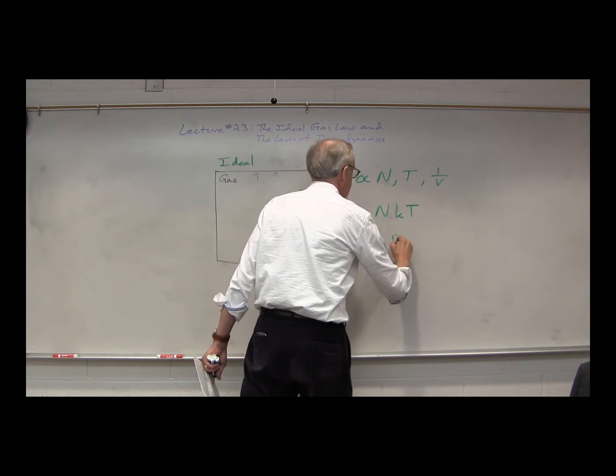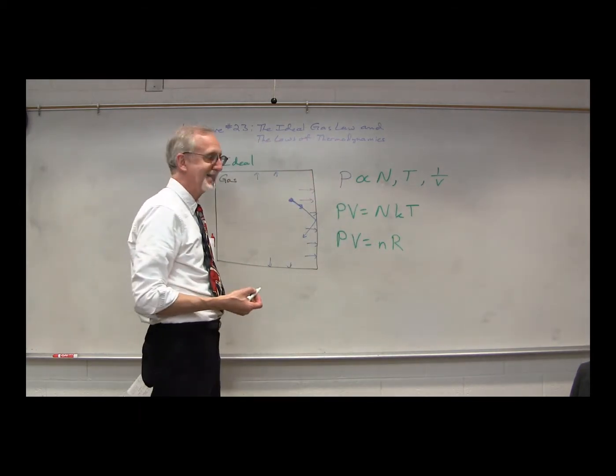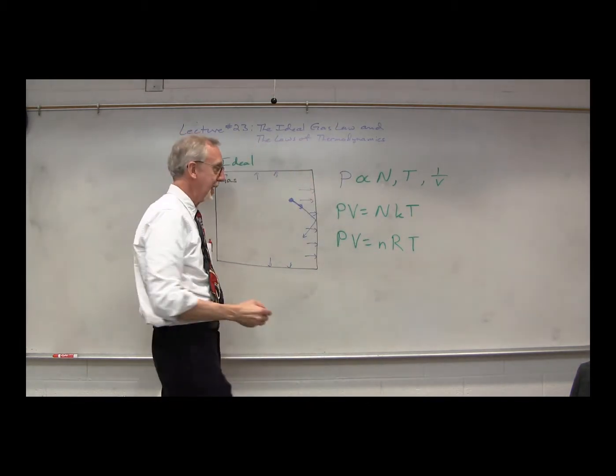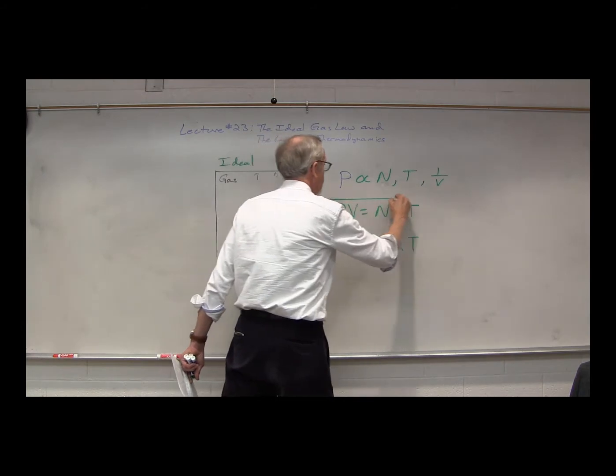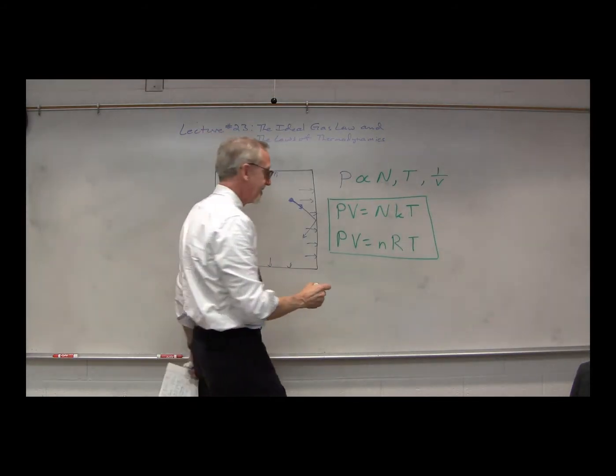And that quantity is called capital R, which we refer to as the universal gas constant, and then times capital T, the temperature again. And there we go. Both of these are referred to as the ideal gas law.